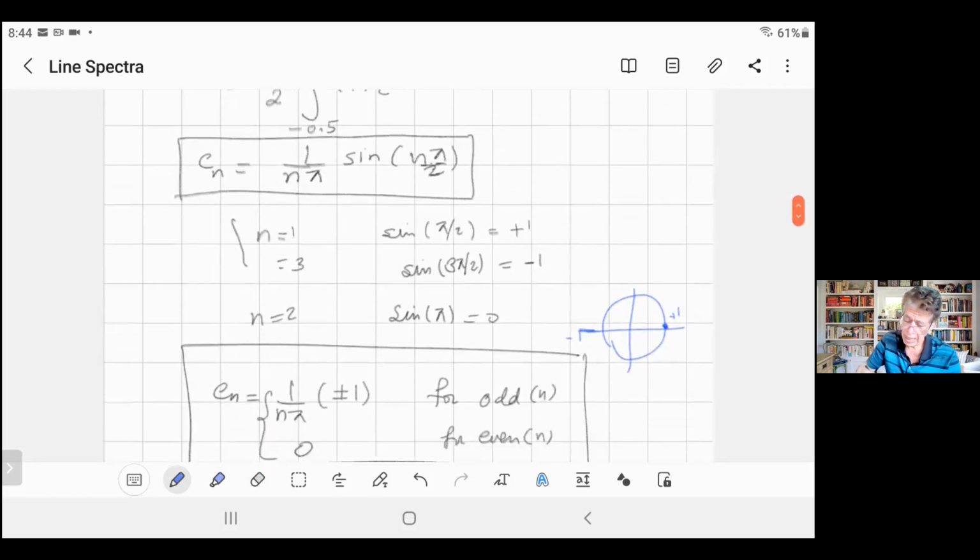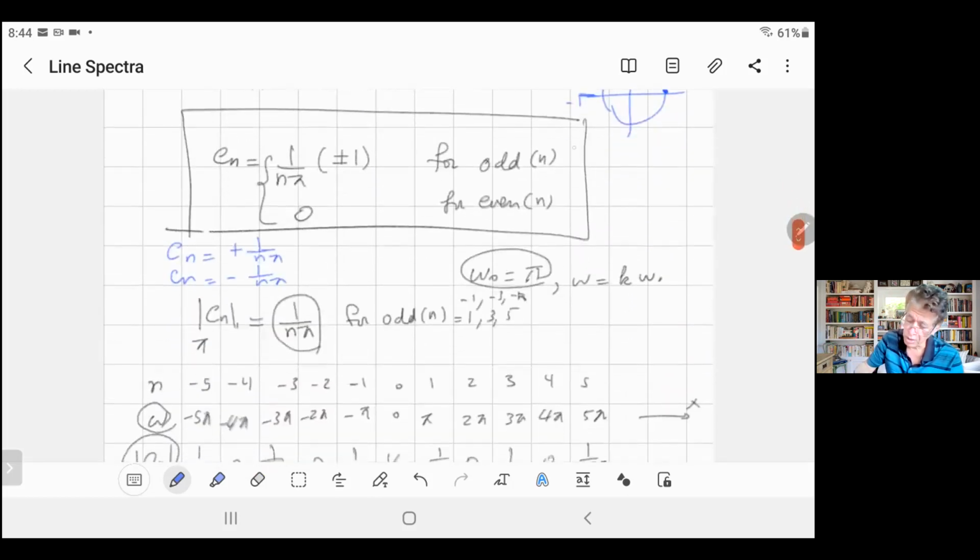When it's 1, it's positive, and negative when it's 3, because it only has value when it's odd. So one time positive and one time negative, and then it continues after 3, 5, 7, 9, 11. You don't need all that because we stop at 5, right?